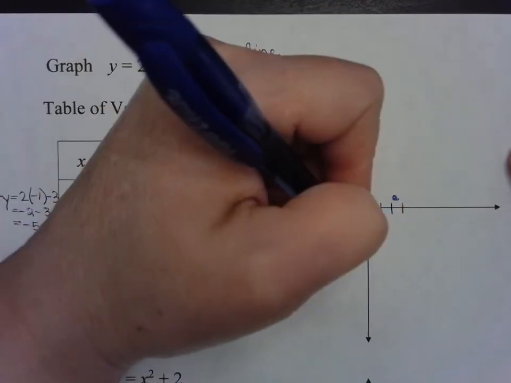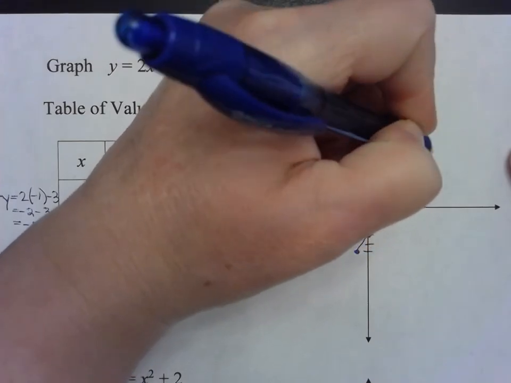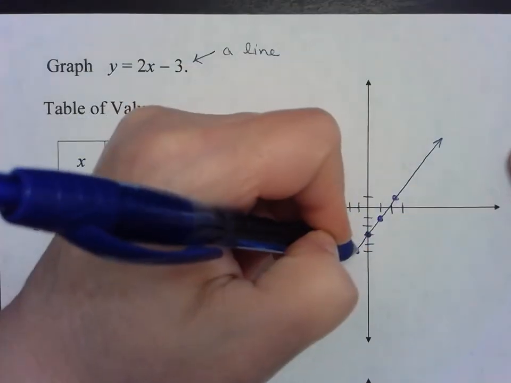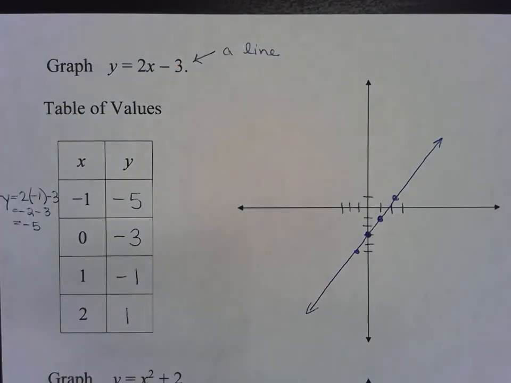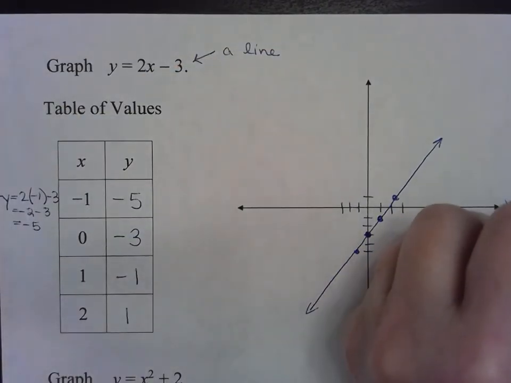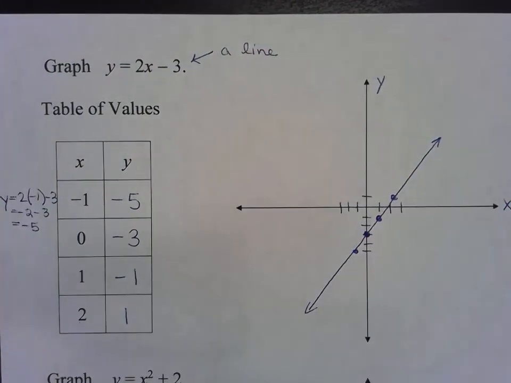Okay, and so because it's an equation, these are 4 example points, but all of the x values, all of the real numbers on the x-axis here could have been plugged into this equation and given us a y value, and so when all the numbers are there, we draw the line.